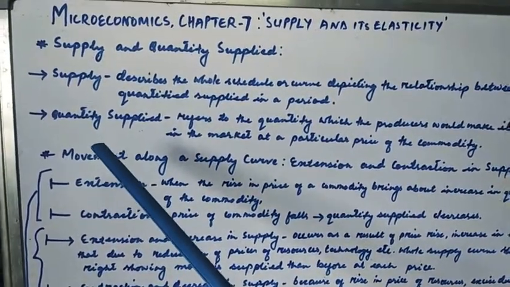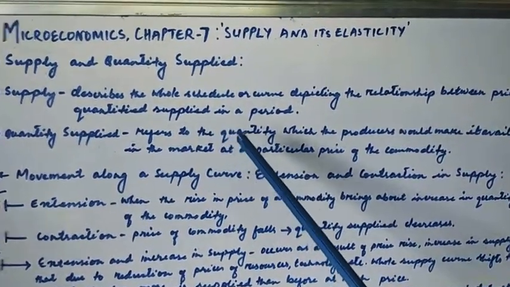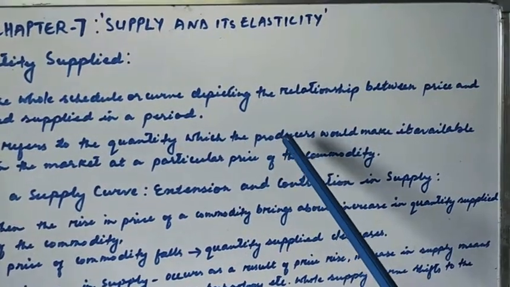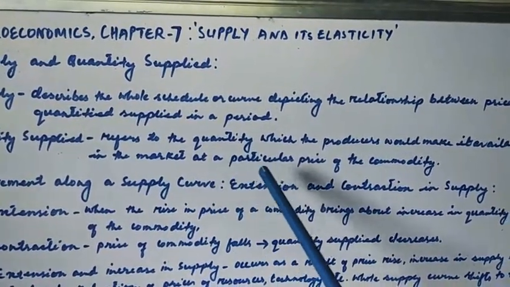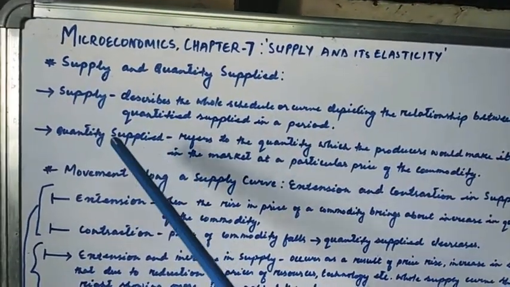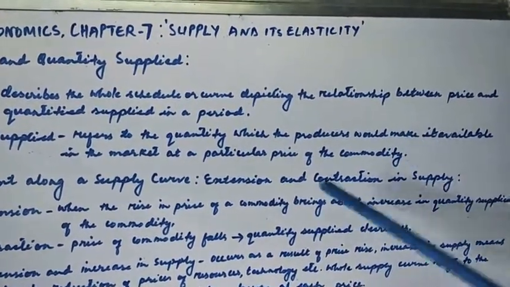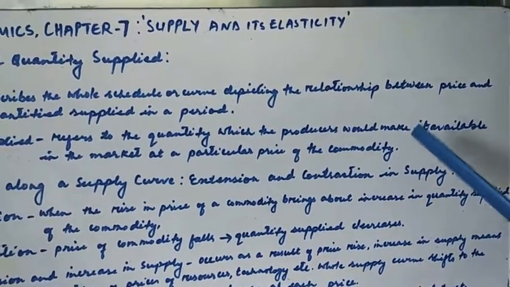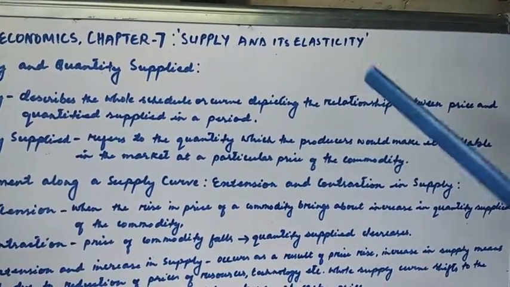And what about quantity supplied? Quantity supplied refers to the quantity which the producers would make available in the market at a particular price of the commodity. It is that quantity which the producers will bring to the market at a particular price.